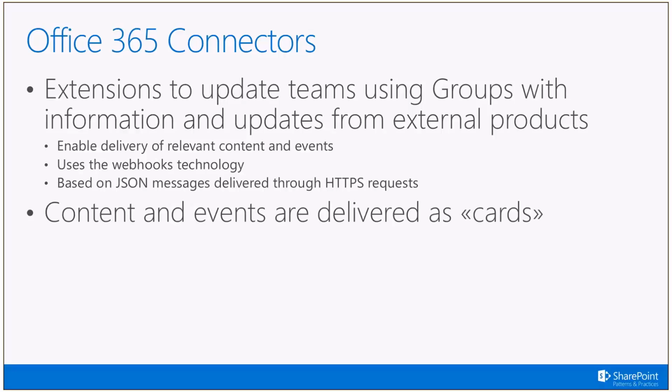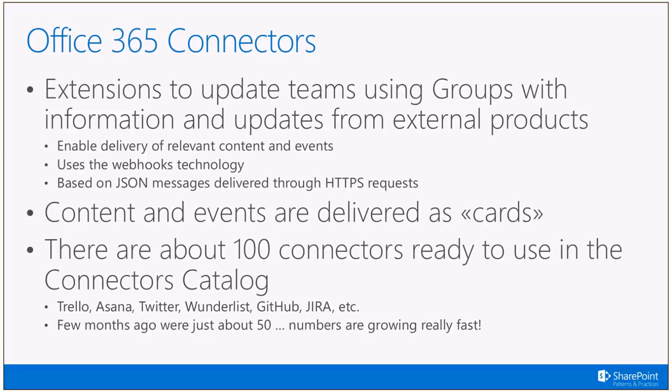Whenever we send any content or any event to a group, we use objects which are called cards from a connector's perspective. Right now, we have about 100 Office 365 connectors available in a connectors catalog, which is a public catalog we can use to search for connectors and simply install and use ready-to-go connectors.